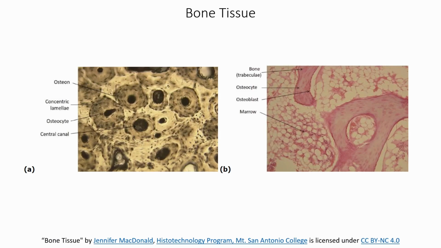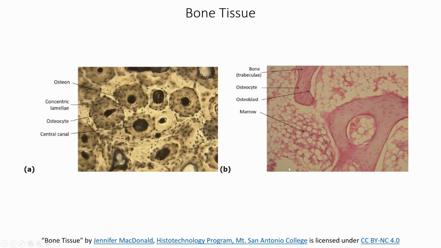Now bone tissue. I should say compact bone tissue is one where you're like, please quiz me on this one, because compact bone, which is what we see here on the left, is very distinct, versus the spongy bone we see on the right, which is less distinct. It actually looks a bit like adipose tissue.